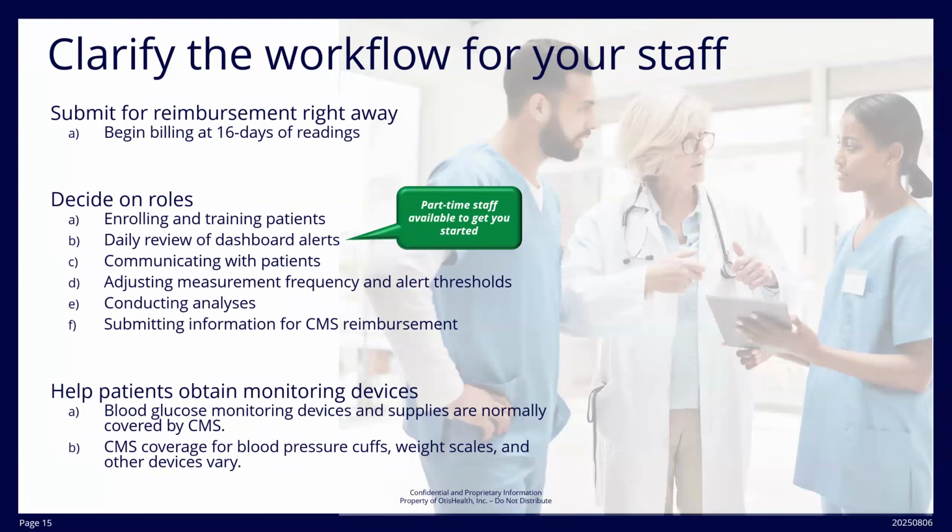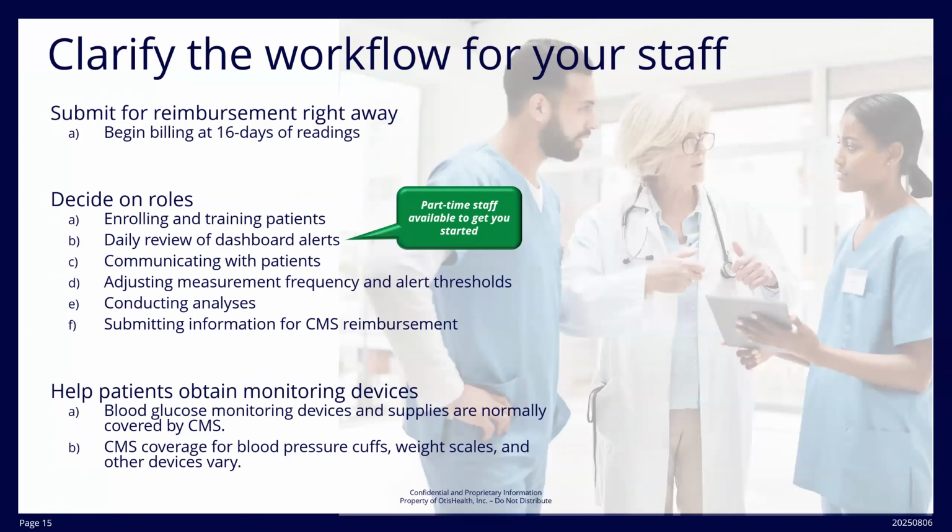And then the other critical item is really helping the patients get their devices. In some cases, the devices could be covered by CMS or by their health plan. Often the blood glucose meters, blood glucose monitors, and the testing supplies are usually covered for anybody that's diagnosed with diabetes.